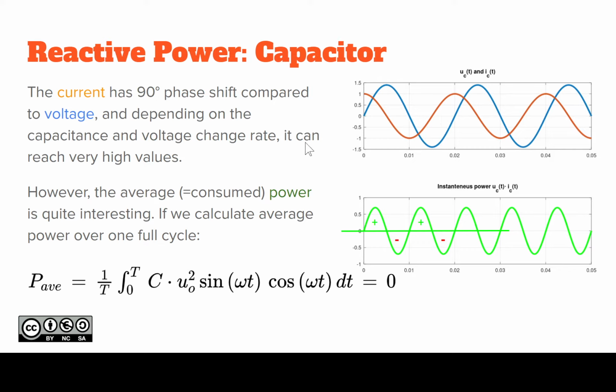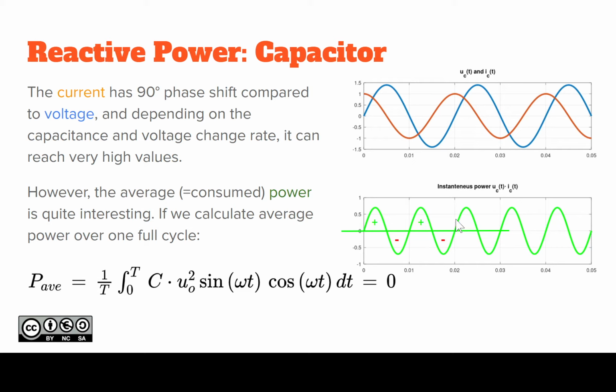Then basically the average consumed power. Here I have the picture of instantaneous power, which is just multiplying U and I. And that comes as a sine 2 omega t.